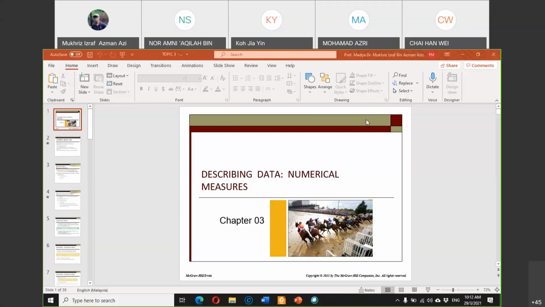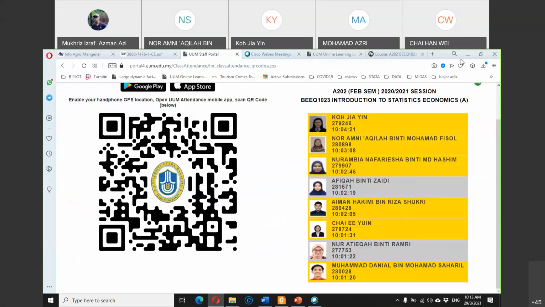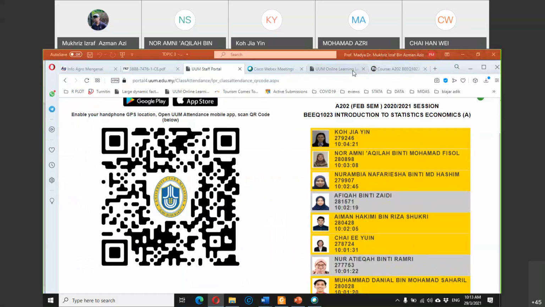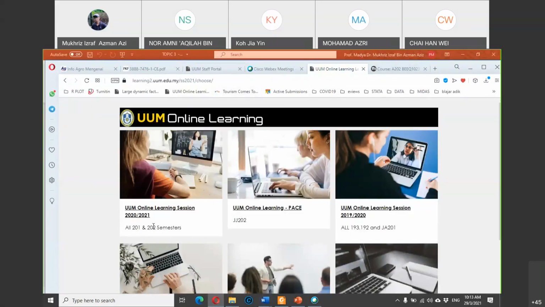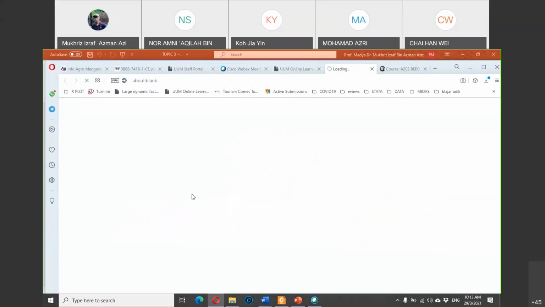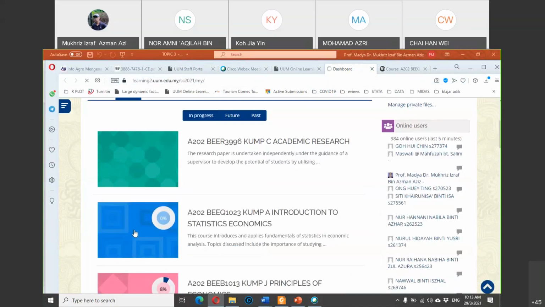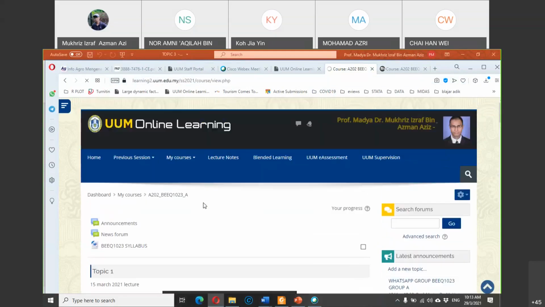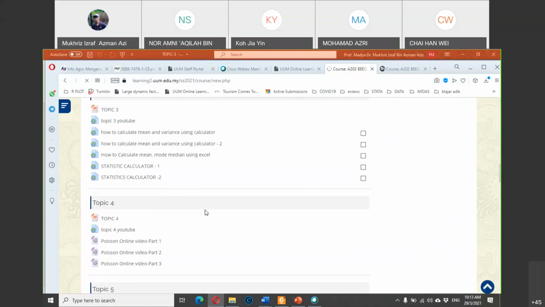But because of the nature of our online learning, if you look at your OL, I already uploaded a few additional materials, especially website links to these online tools to calculate your mean and standard deviation. You can find that in your OL, which I uploaded yesterday. First, how to calculate mean, mode, median using Excel.